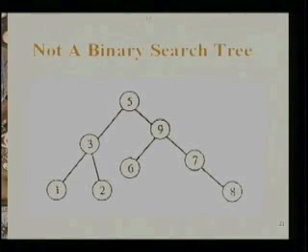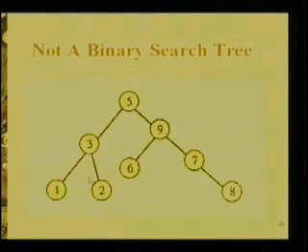Let us look into a tree which is not a binary search tree, and that will consolidate our definition. In the tree given in this particular diagram, you see, you are having 3 less than 5, perfectly okay, but 2 is less than 3. Over here, to the right of 3, the value which can be adjusted is 4. 6 cannot come here because 6 is more than 5, right? So anything which goes to the left has to be less than 5 first, and then it can come here.